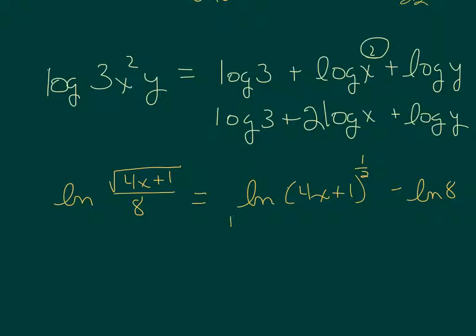Put the 1/2 in front of the log: 1/2 the natural log of 4x plus 1. Can I do anything with that natural log of 8? You could put 2 to the 3rd, and then put the 3 in front of the log. So that would be fully expanded. If you can rewrite one of those values in exponential form, go ahead and do that. Okay? 8 is 2 to the 3rd.